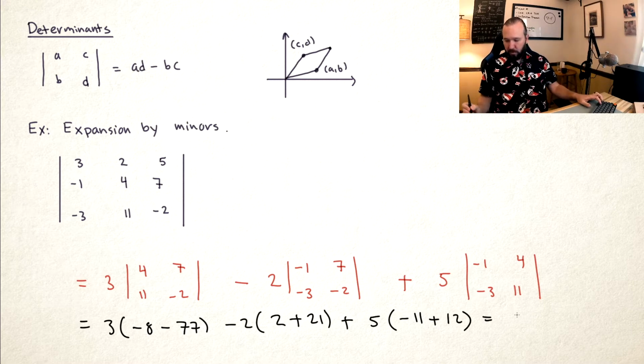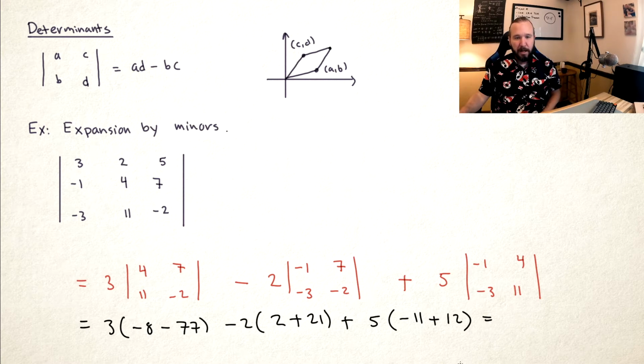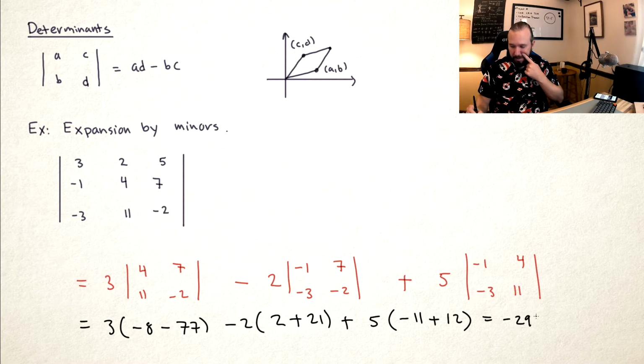Okay. So now you just crunch out this arithmetic here, and that gives you the answer. So I ended up with negative 296. I might have done that wrong. You know, sometimes these numbers just come out a bit crazy. So let me know if I did this arithmetic wrong. That's how expansion by minors works.